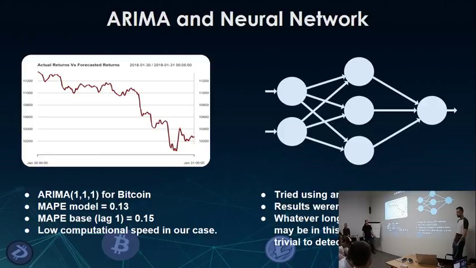But we also looked into other alternatives. One of our teammates who isn't actually here tried to train a neural network to predict the future price of the cryptocurrency. I believe he used an LSTM network, and it didn't really give good results. In fact, it was rather poor. But that's to be expected.